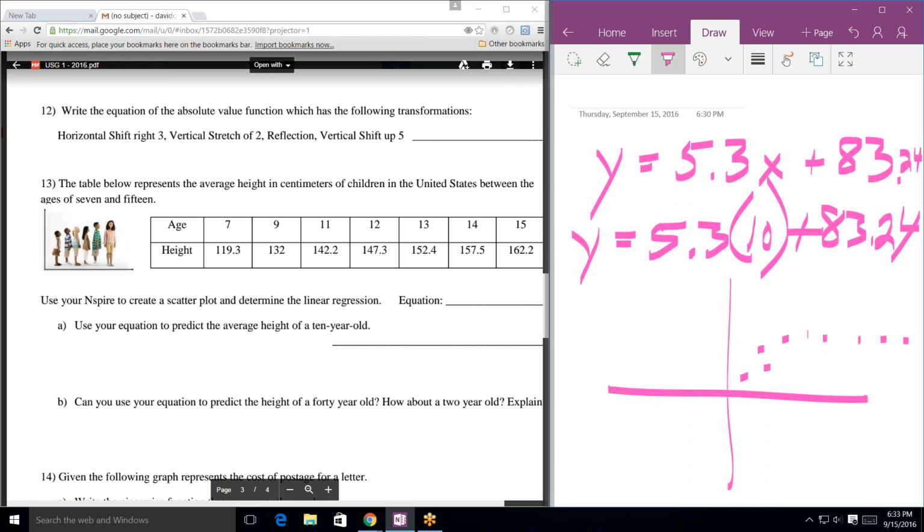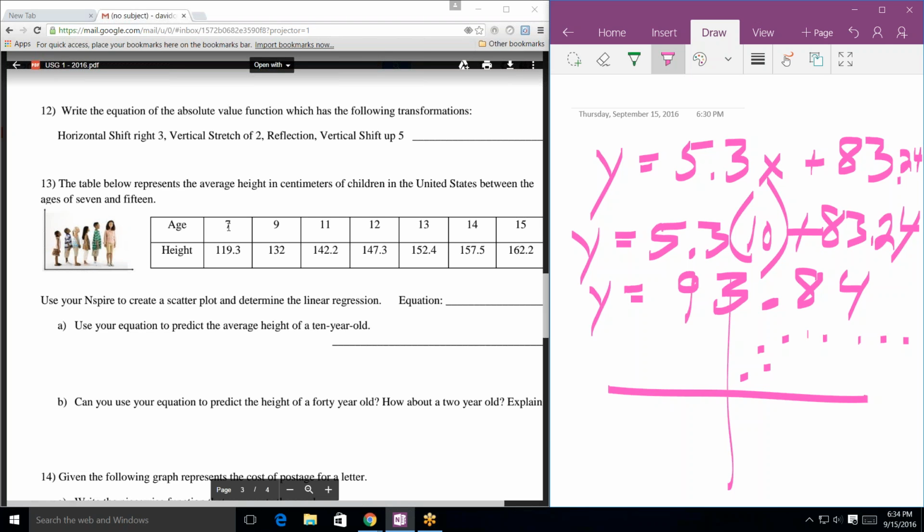A 2-year-old, if I plug it in, would be 10.6 plus 83. So a 2-year-old would be basically that. And since it's in centimeters, I have no idea if that's how tall a 2-year-old is. But I doubt it.